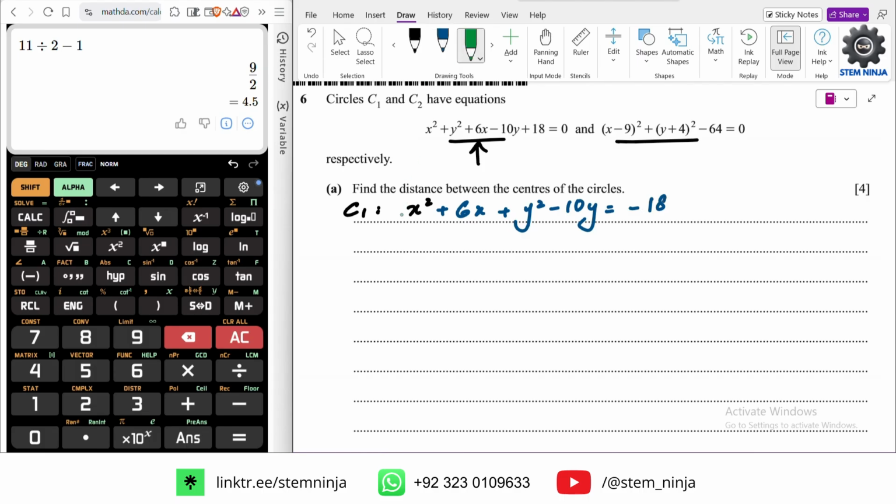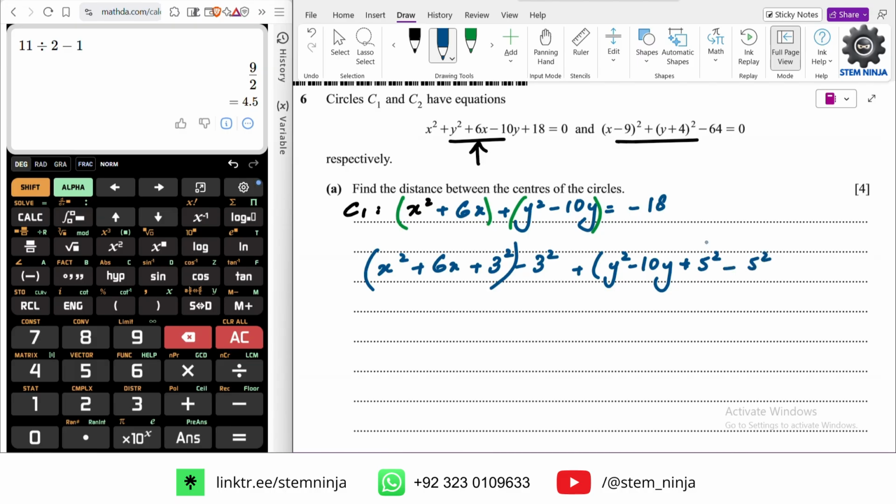So these are the squares that we need to complete. So what do we do? The completing the square method. So 6 divided by 2 is 3. So plus 3 squared minus 3 squared. So this is x squared plus 6x, plus y squared minus 10y. 10 divided by 2 is 5. So plus 5 squared minus 5 squared. Squares complete, equals minus 18.